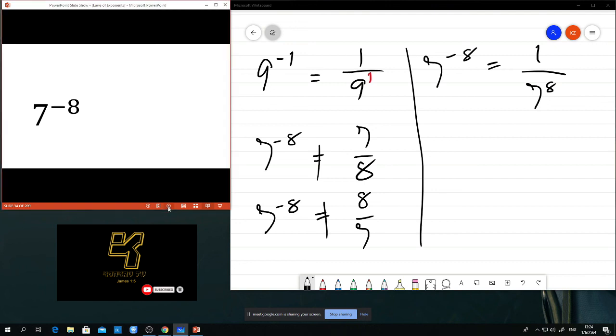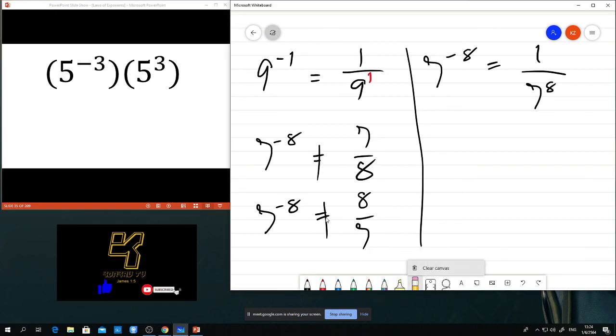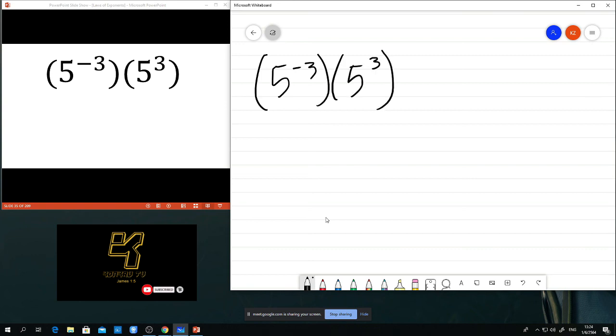Okay, next example. I will call the others later. I just want to make it clear. So 5 power of negative 3 times 5 power of 3. So simply multiply.